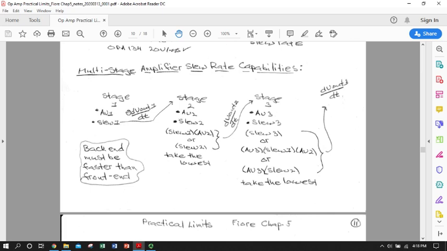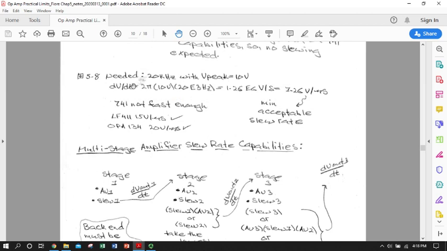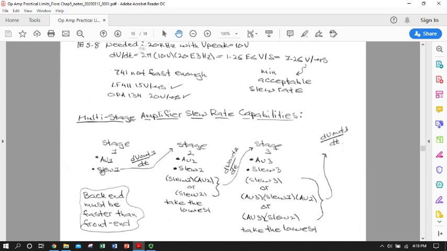The big reason for this is the frequency is not changing, but the amplitude is. We have a signal of whatever amplitude coming into stage 1. We have to choose a slew rate big enough to capture the whole signal. If it's sinusoidal, dV/dt is 2 pi times the peak voltage times the frequency. We'll choose an op amp that has the appropriate slew rate.